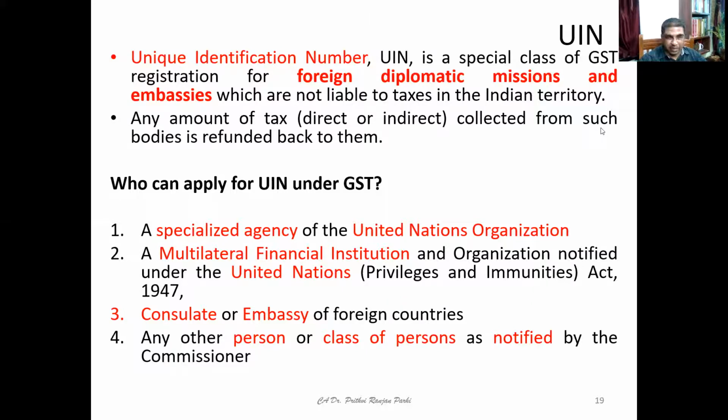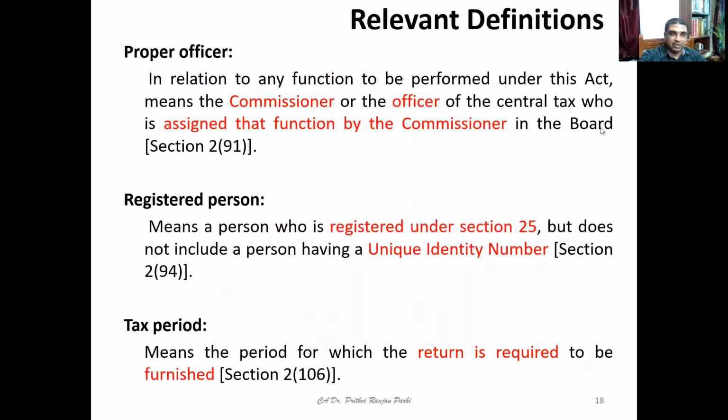So those kind of organizations also can apply for a UIN. Consequently, they don't have to pay any GST. Then consulate or embassy of foreign countries, they can also apply for that. Any other person or class of persons as notified by the commissioner. So commissioner may also notify that these are the people who need to obtain UIN. Okay. And when I say registered person excludes these UIN holders, if you see the definition, it means registered under section 25, but does not include a person having UIN.